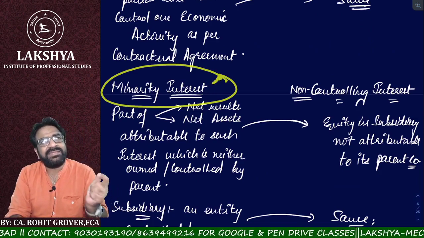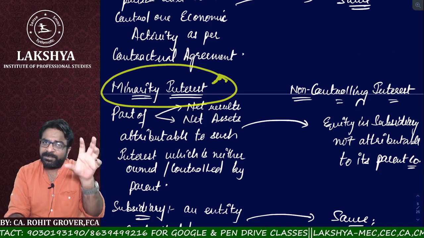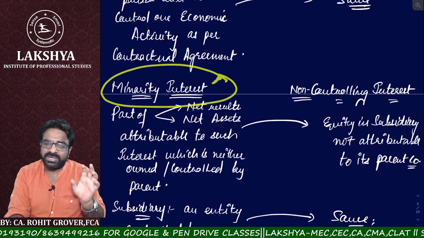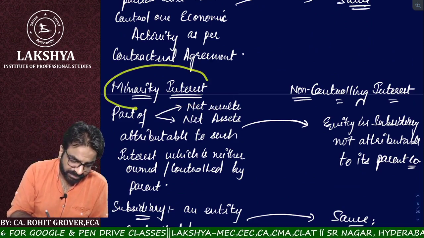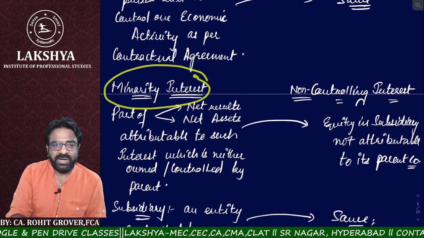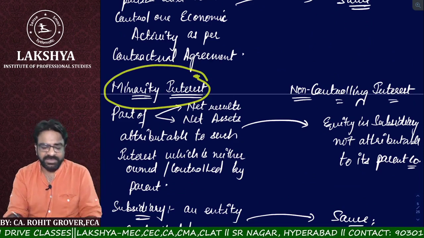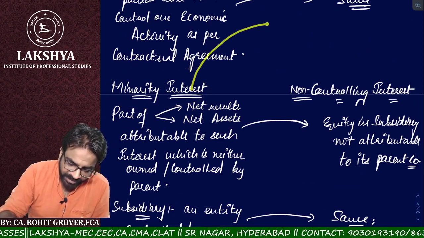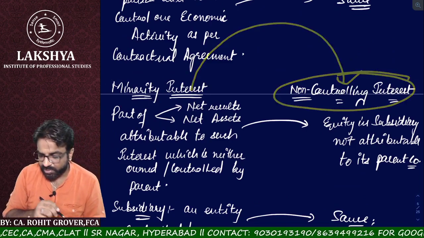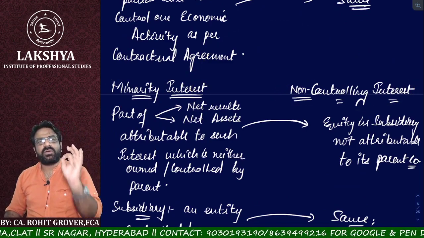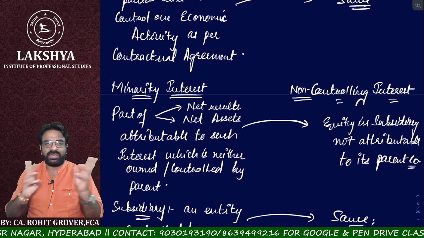It means the remaining 30%, if the company is following the accounting standards, those 30% are called minority interest. But when it comes to the IND-AS, minority interest is not called minority interest, it is called non-controlling interest. That is the only difference.